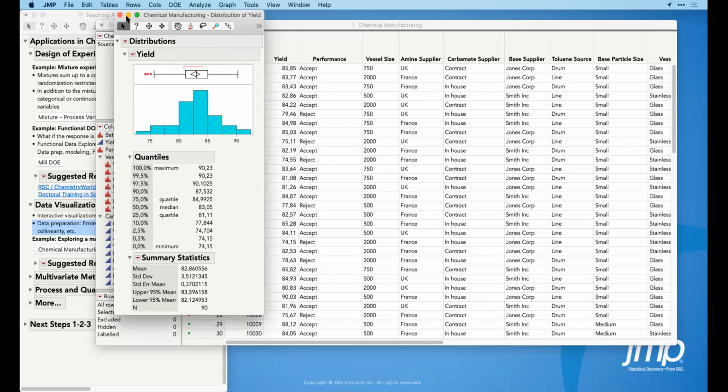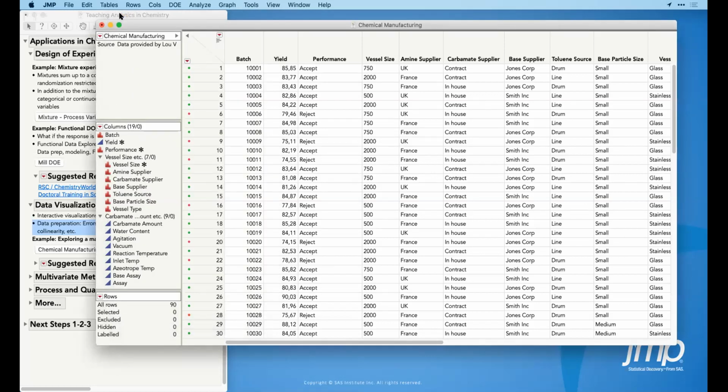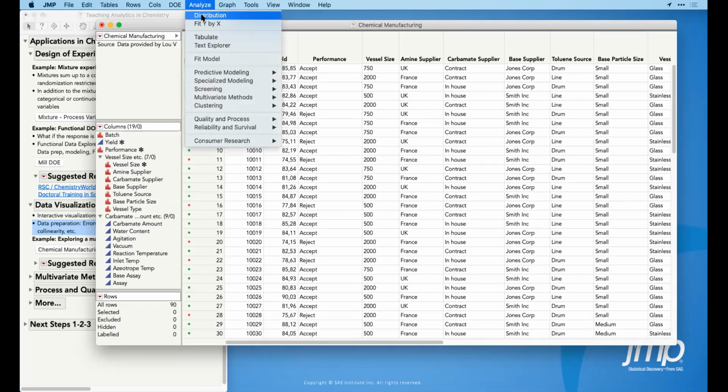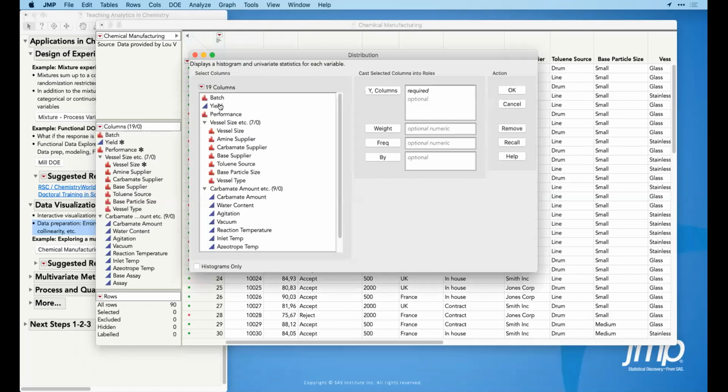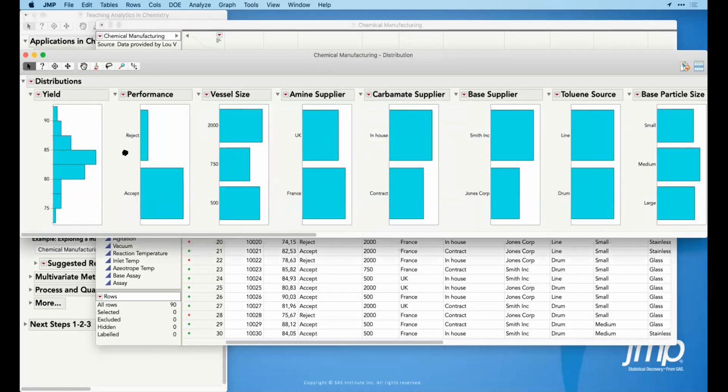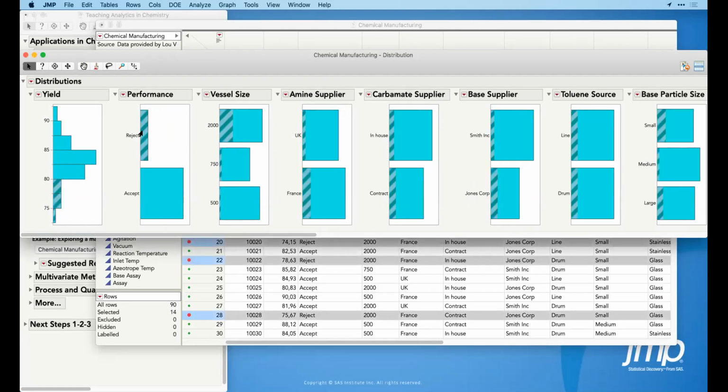So this is also a very rich platform and always recommended for exploring your variables. And it's especially useful if you look at multiple variables, but I only want to see the histograms. Yeah, and now I can select all the bad ones, all the bad batches. So these are the ones below 80% yield.